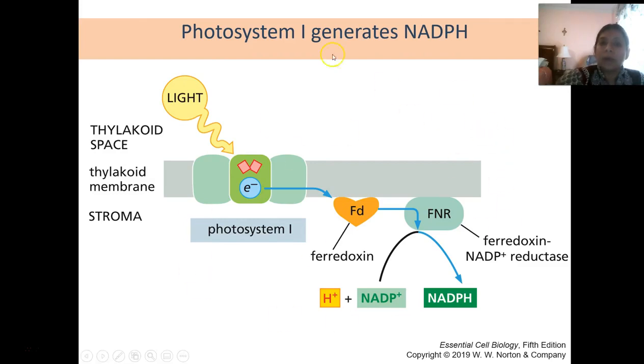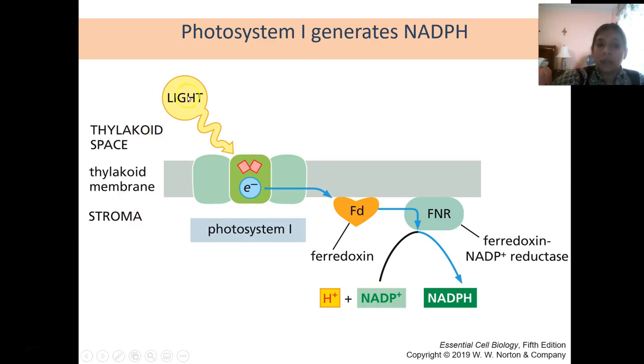So the first part of the system, remember we talked about how it is going to produce essentially some type of carrier molecule, and this was your photosystem 1, which we were talking about. Looking at it a little bit closer, let's see what it was generating.